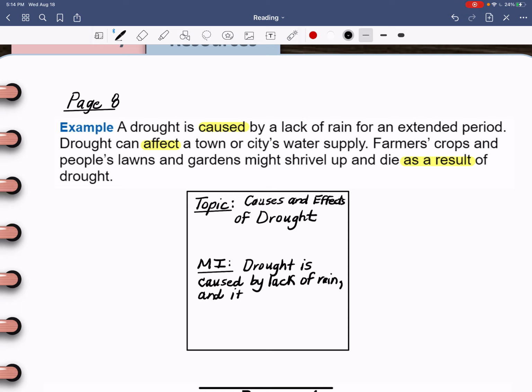And its effects, I don't want to say drought again. We don't want to be too repetitive. Effects, remember I'm using the noun form of the word, are, I'm just going to say bad, because the effects here, it can affect the water supply, crops, lawns, gardens shrivel up and die. Those are negative things. So the topic, causes and effects of drought. Drought is caused by lack of rain and its effects are bad.